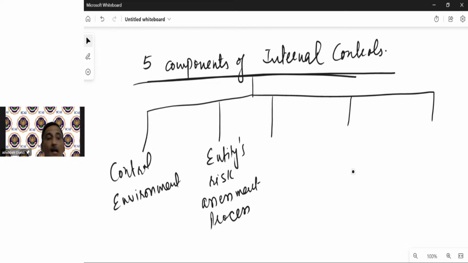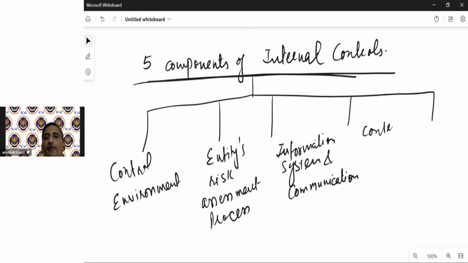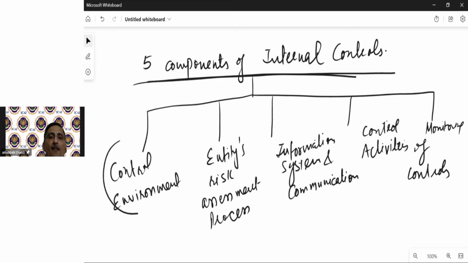Third is information system and communication. Fourth is control activities itself. And fifth is monitoring of controls. So these are the 5 components.